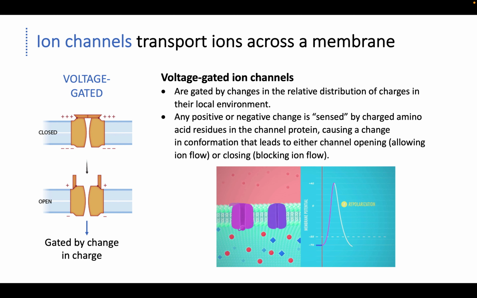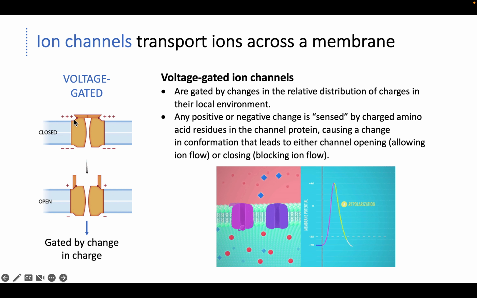And so we said in chapter 2 that a protein gets its function based on its shape. Depending on the shape and formation of a particular protein, you're going to get a different function. And so whenever the protein channel changes shape, or in other words, it opens, it's going to change the function of that protein. So it's either going to allow things to move through it, or it's going to block the movement of things through it, right?